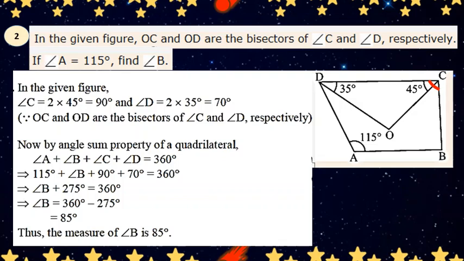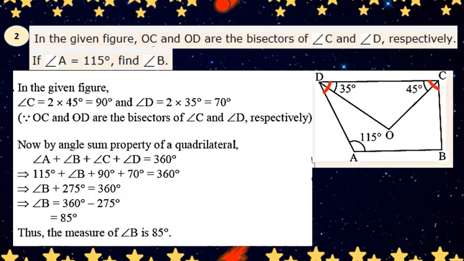Observe here. That is angle C. I have shown it using red color, the full angle C of the quadrilateral ABCD. See, angle D also I have marked using red color. That is the full angle. If OD is a bisector, that full angle is double that 35. Am I clear? 35 is marked, no?